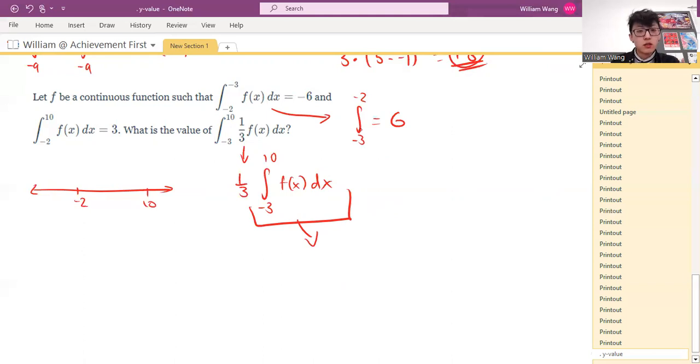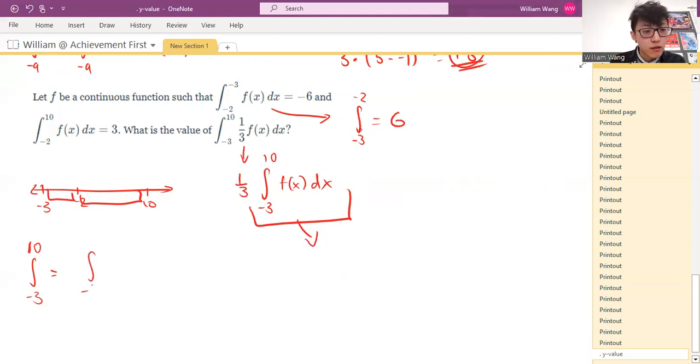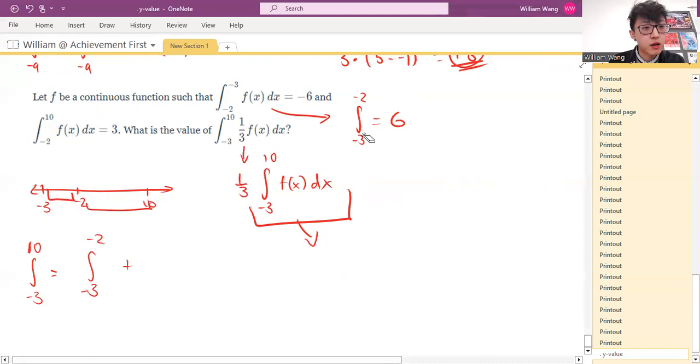So if I'm trying to figure out my integral from -3 to 10, it is simply going to be these two sections, and I'm going to add them together. I'm going to take my integral from -3 to -2, which is right here, and add it to the integral from -2 to 10, which is given to me right here.